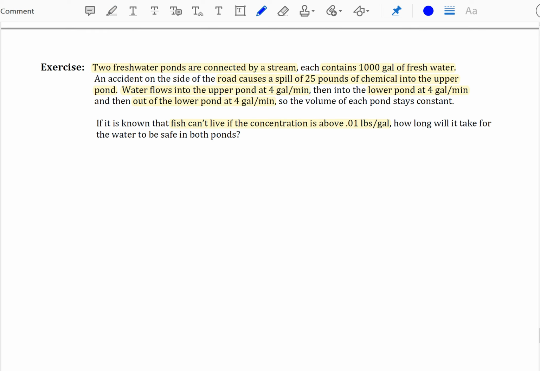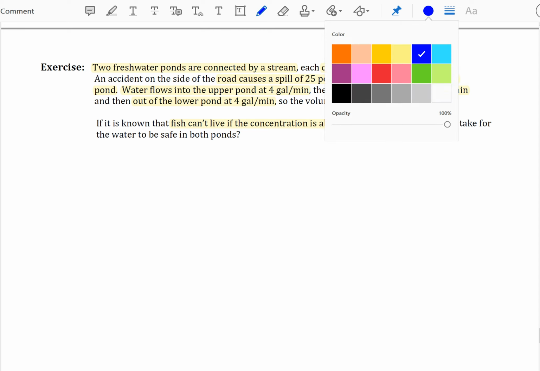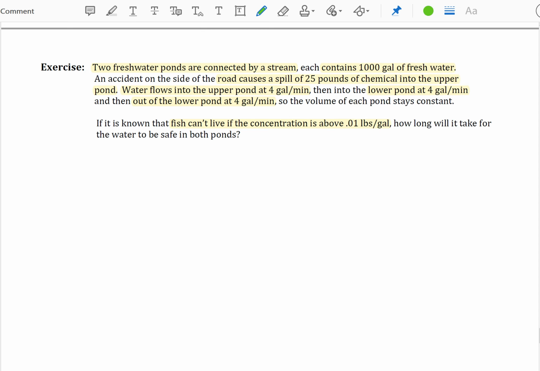Let's see if we can draw a picture that will represent this scenario. What I'm trying to imagine with this problem is two ponds that are connected together. So maybe here's a stream coming down and flows into a first pond. And then that first pond flows down into a second pond.